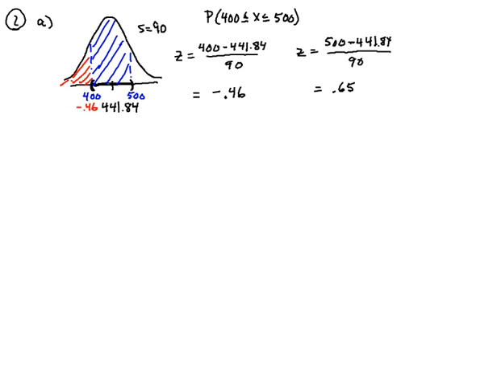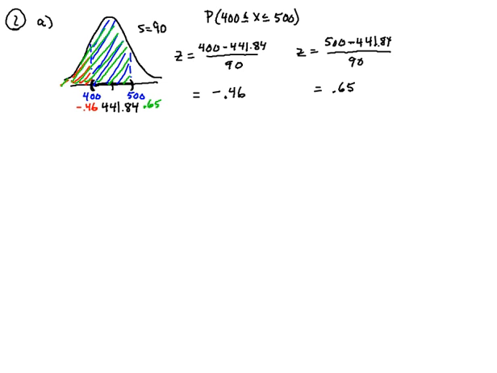If I look up the 0.65, that's the z-score of the 500, I'm going to get the area looking down all the way from the 500. It's the blue shaded area that I want. That's the area under the density function above the interval. So whatever area I get for the 0.65, if I subtract the area I got from the negative 0.46, I should be able to get the blue.